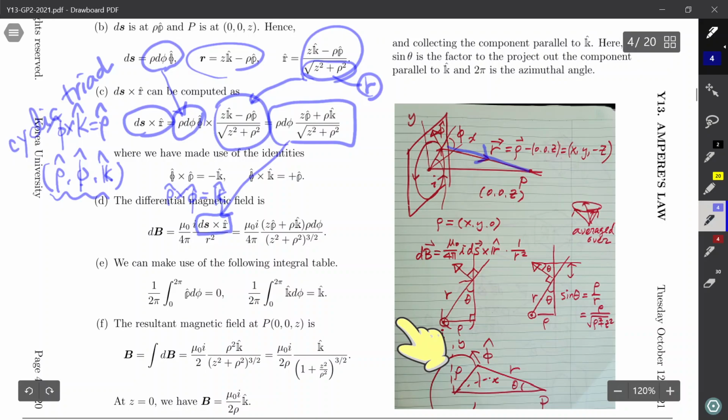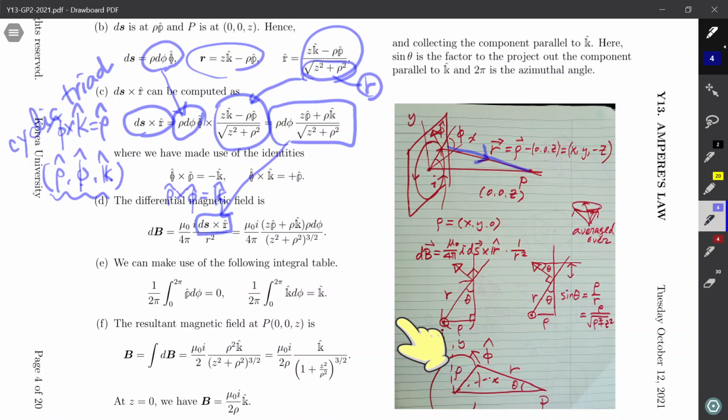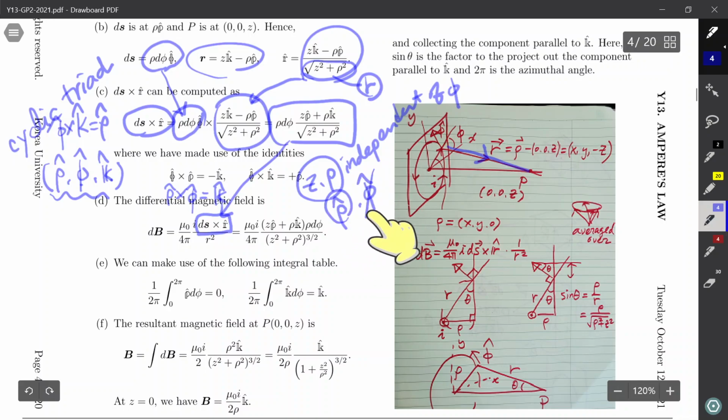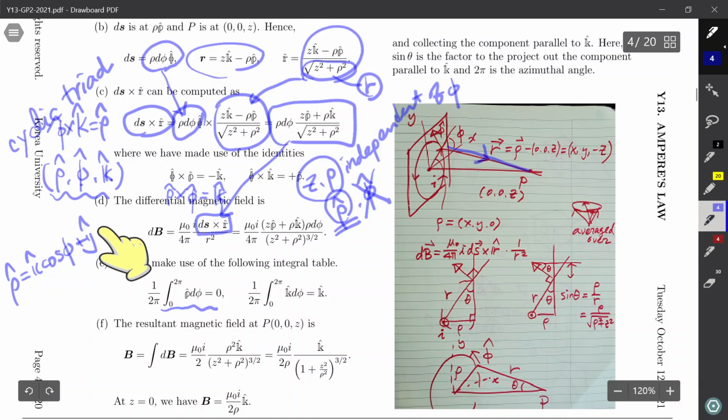Now we integrate over phi. Z and rho are independent of phi. The only phi dependent one is rho hat, and rho hat is i hat cosine phi plus j hat sine phi.